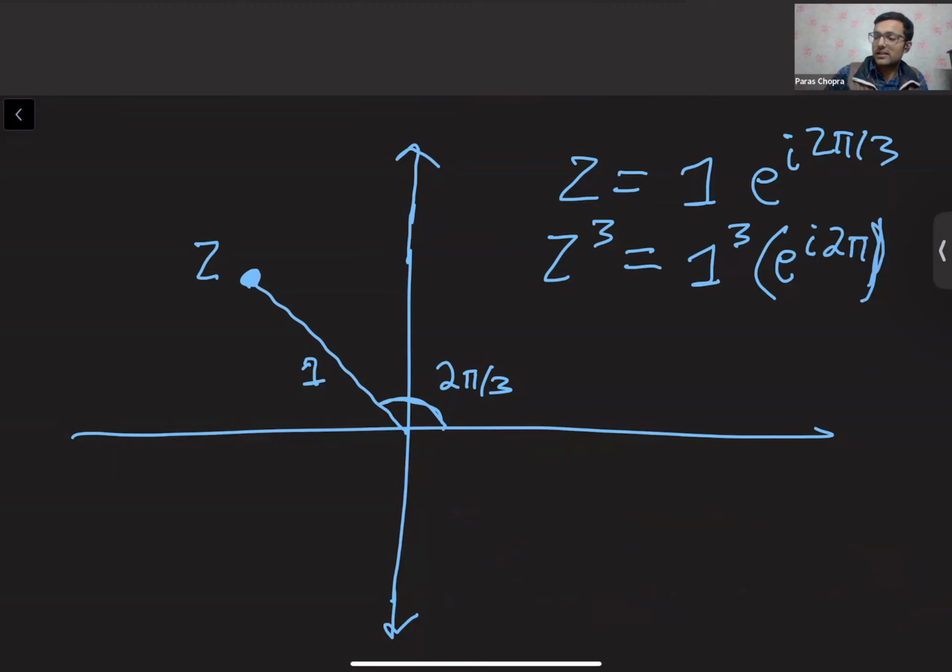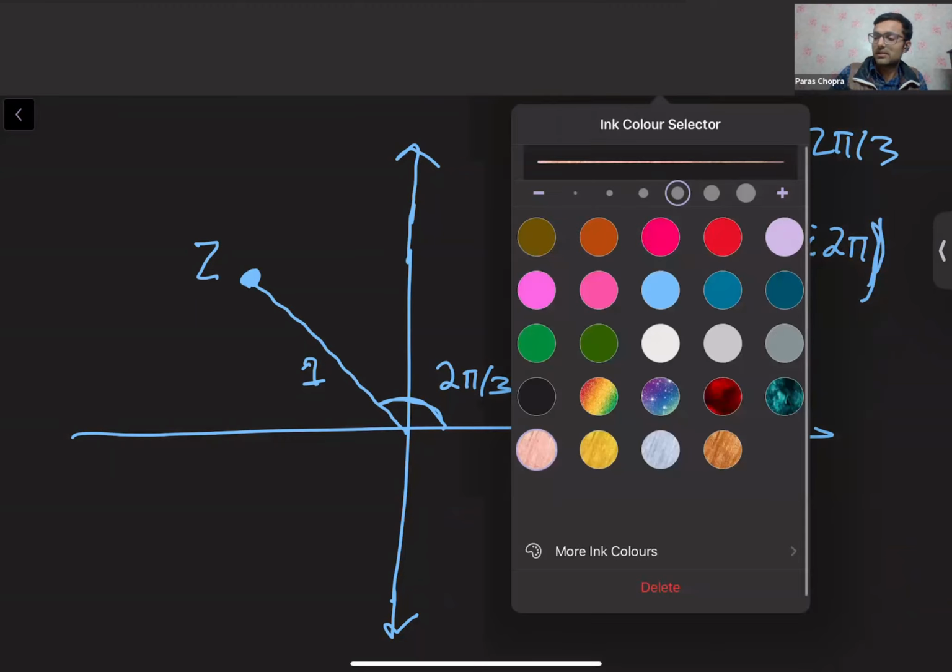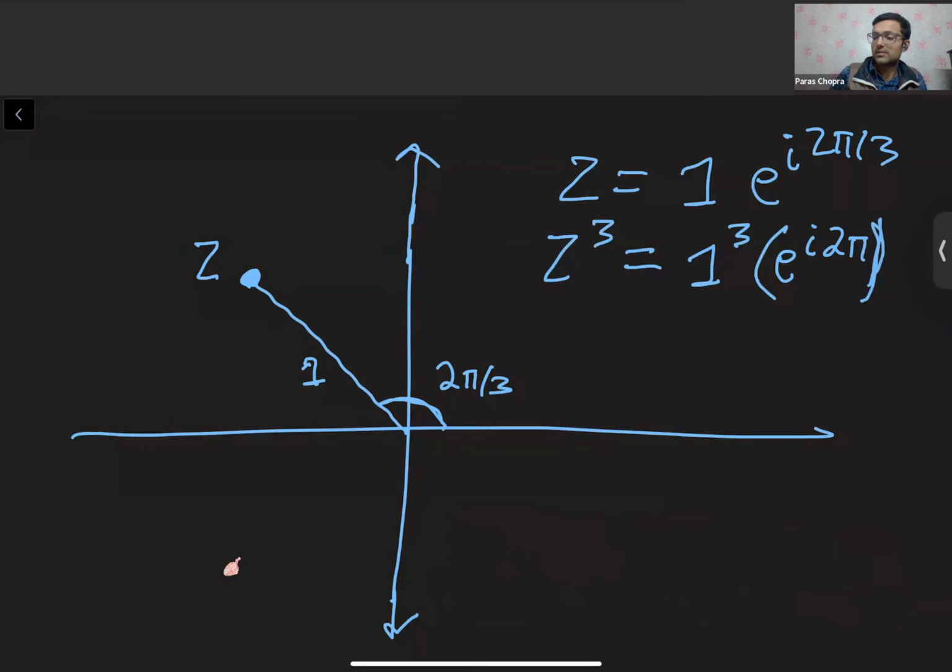Okay, now let us take another complex number which is somewhere over here, such that this angle is equal to 4 pi over 3 and this magnitude is 1. Let's call this Z2.